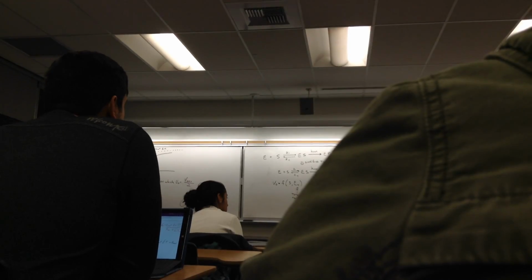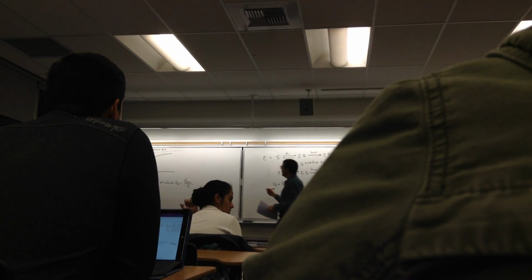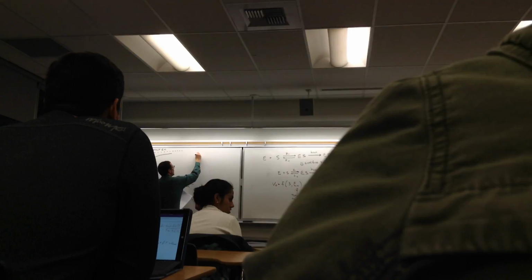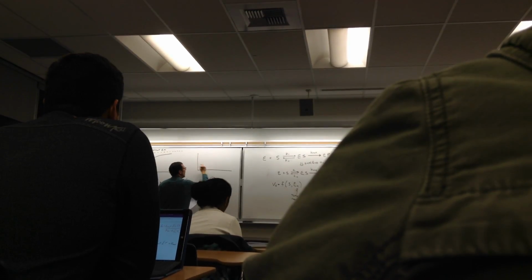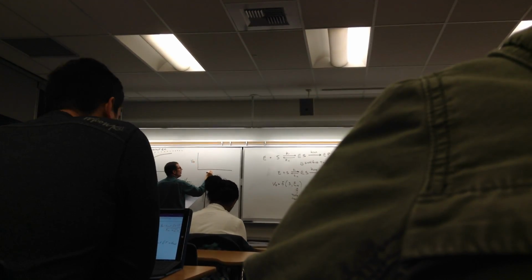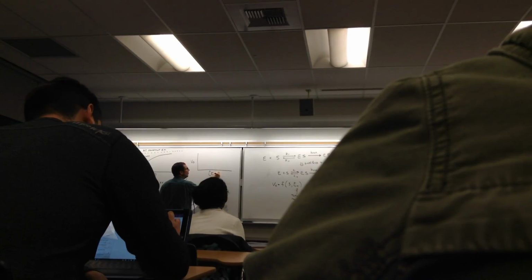Well, the velocity is directly related to the total enzyme, right? So the more total enzyme, the higher the velocity you're going to have. So if we plot initial velocity versus the concentration of total enzyme, it just goes up linearly. This is at constant S.